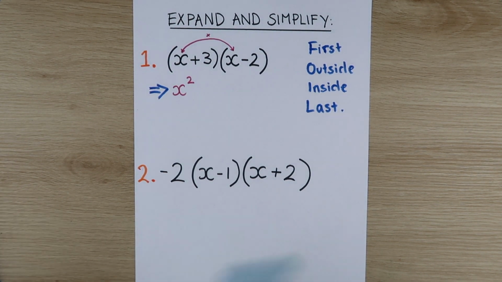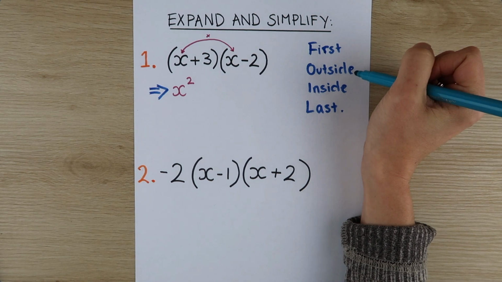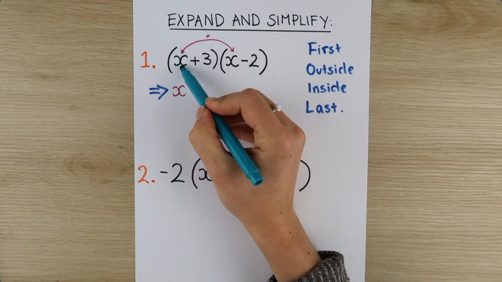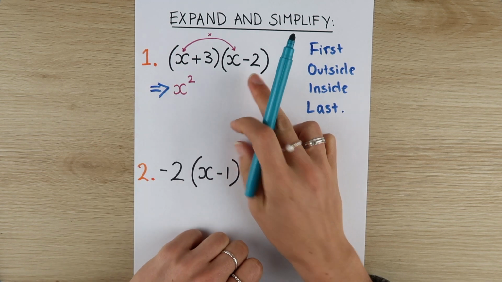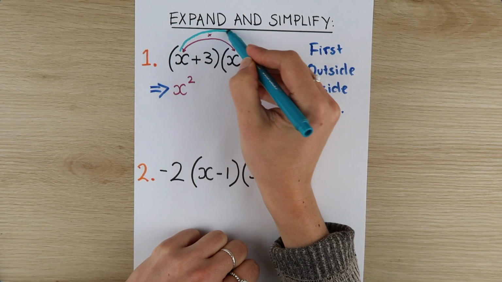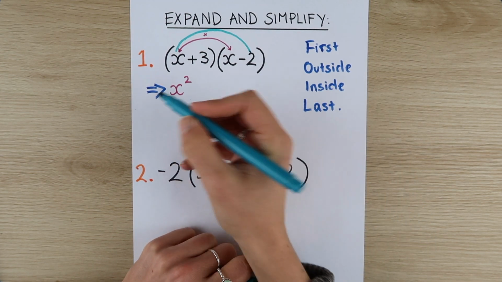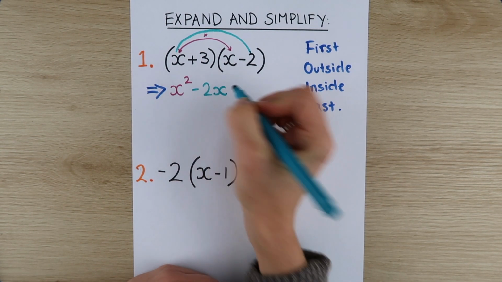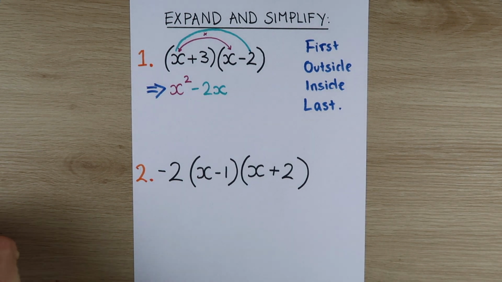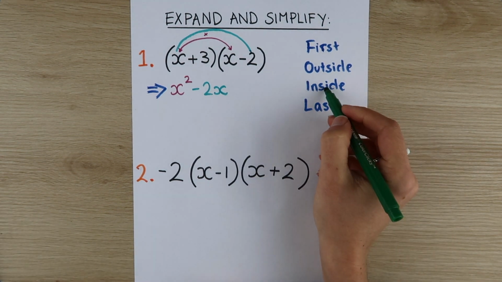Then I've got outside. So my outside ones are the ones on the outermost edge of the brackets. So x and -2. So -2x because I'm multiplying those two together. Then I've got my inside.